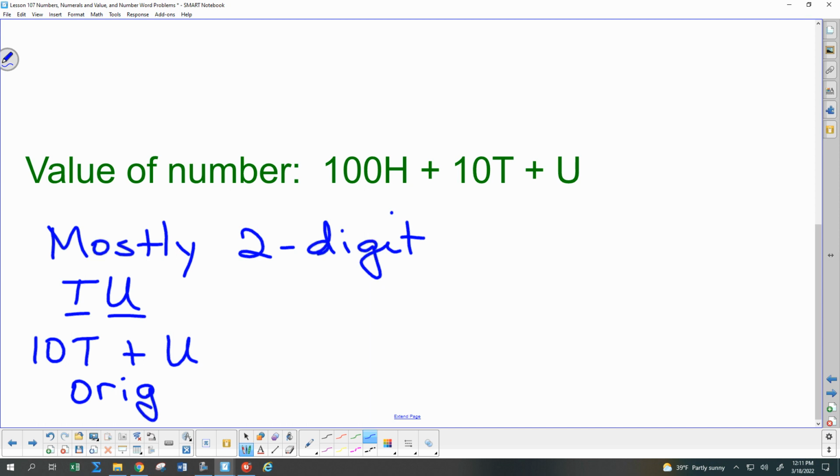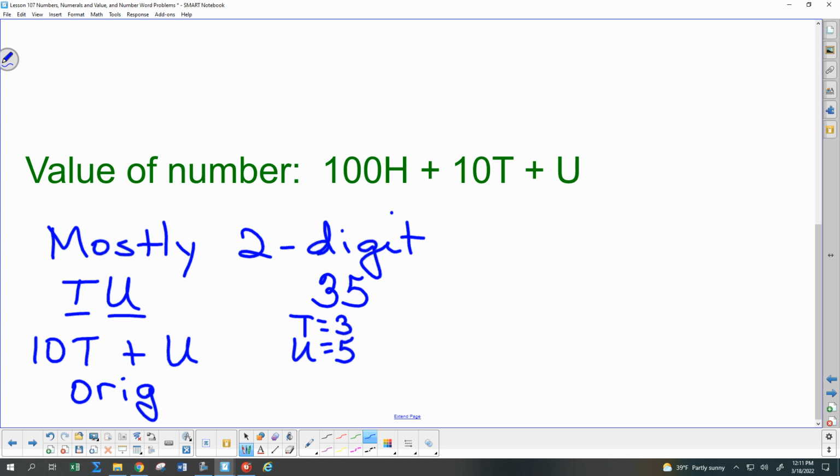So if I had, I'm just going to try to make something up here real fast, let's suppose I had 35 as my original number. That would mean T is 3, U is 5, TU is 35. It is not T times U, 15. So far, so good with what I'm talking about there.